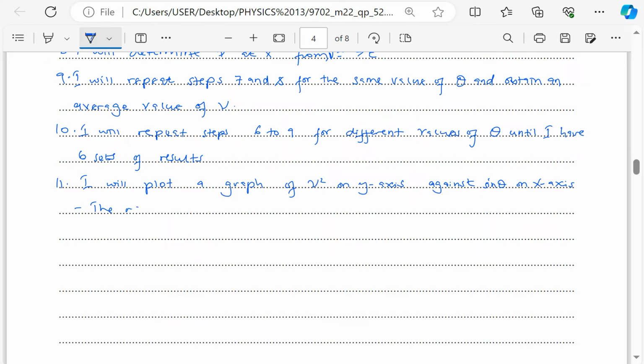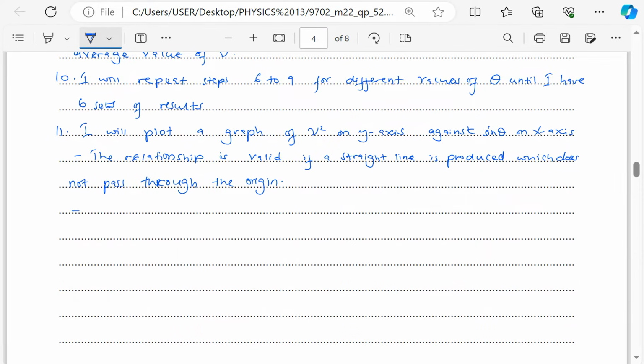So the relationship is valid if a straight line is produced which does not pass through the origin.